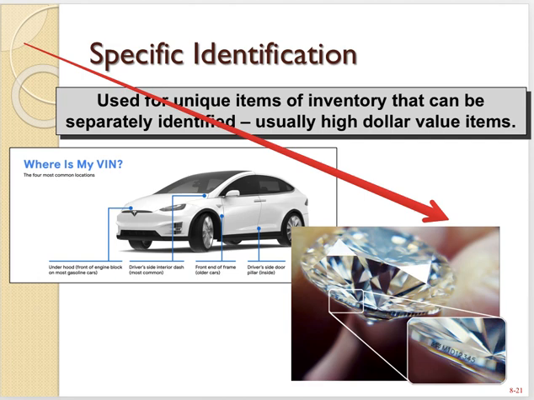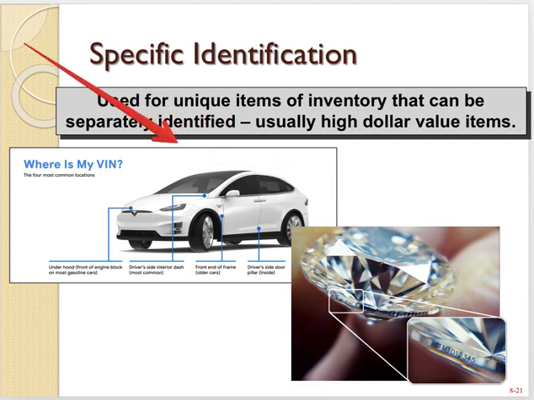But if it's a $1 can of Coke, it just doesn't make sense to take the time to separately identify every single item. So again, keep in mind that this does not work for every kind of inventory, only for certain kinds that meet these requirements: unique and high dollar value items.